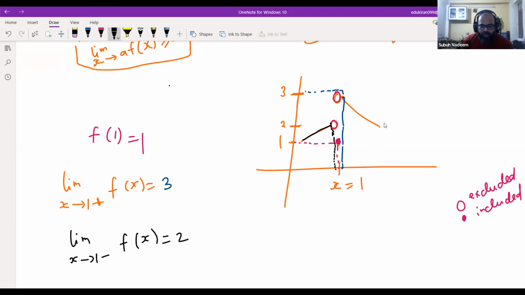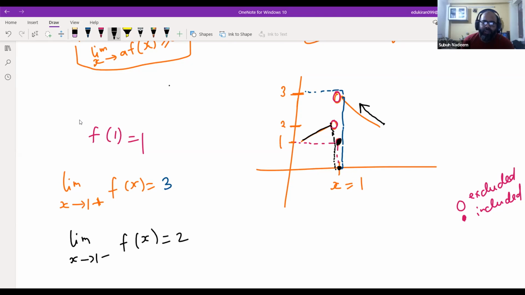If the car is coming from the right on this road, and someone asks you what value you will reach at x is equal to 1, based on your path, you will say you will reach 3. But when you actually reach x is equal to 1, you are neither reaching 2 nor 3. You are reaching 1. That is the value at 1.